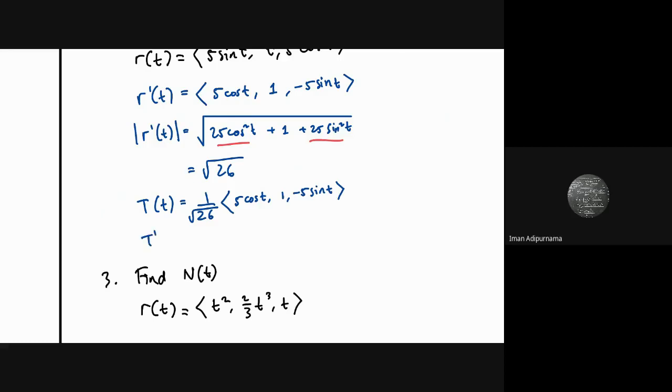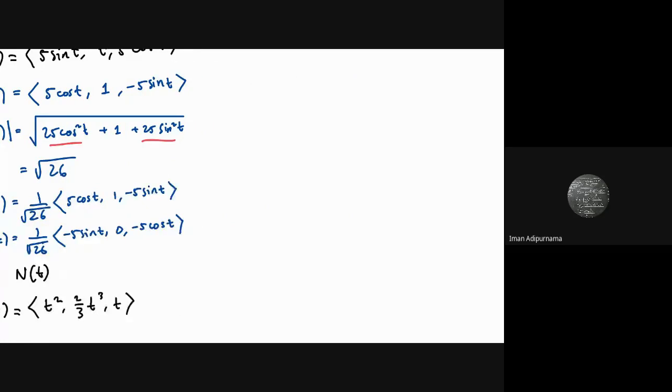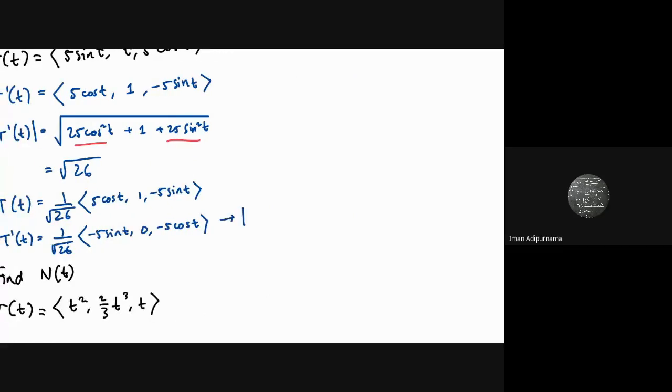and then we differentiate the unit tangent vector. Zero and, okay. And we also need to find the value from that unit tangent vector derivative.